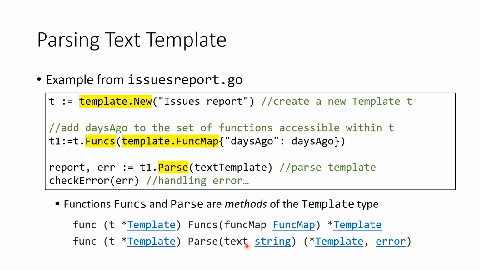The text template argument in the call to t1.Parse is the constant holding the text template for the issuesreport.go program. Function Parse also returns an error object. Therefore, we have to handle the error before moving on.